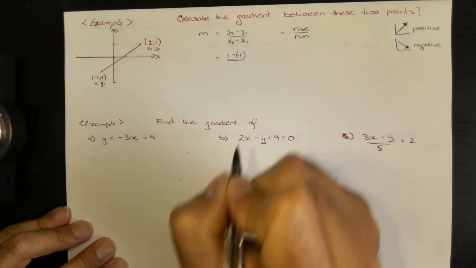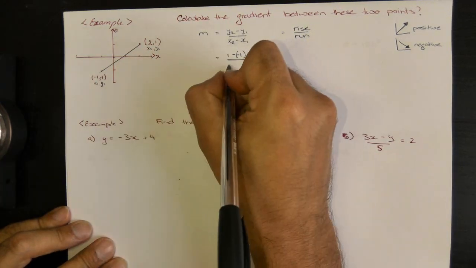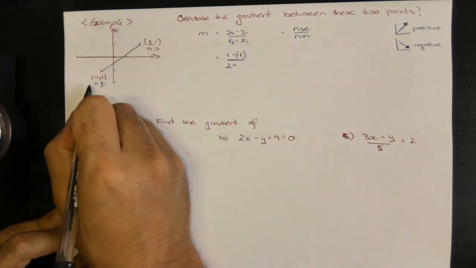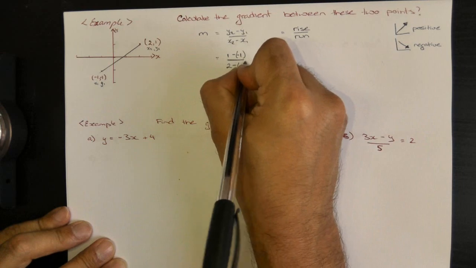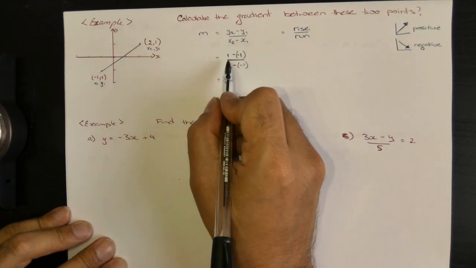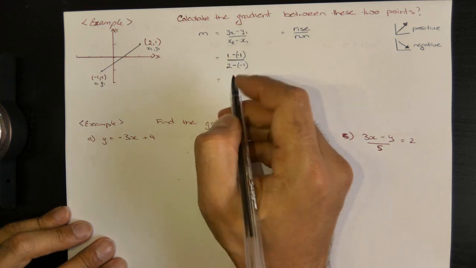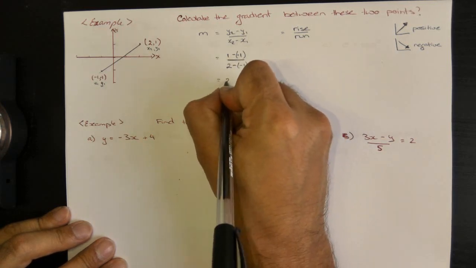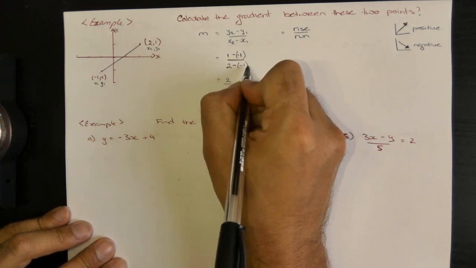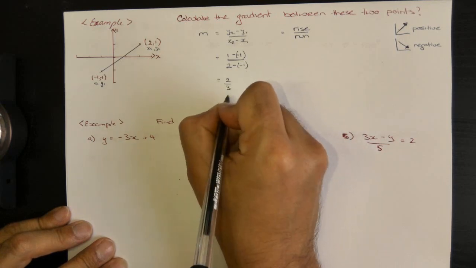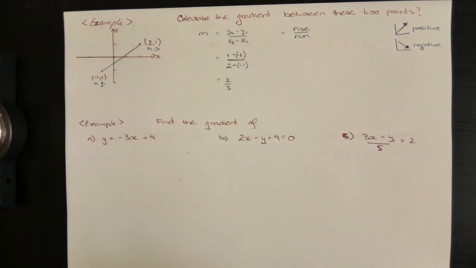My x2 is 2, and my x1 is negative 1. Cleaning this up, 1 subtracted from negative 1 becomes 2, and 2 minus negative 1 is 3, so I have a gradient of 2 over 3.